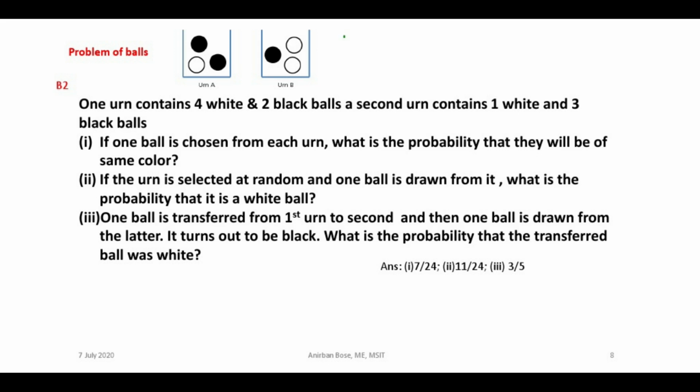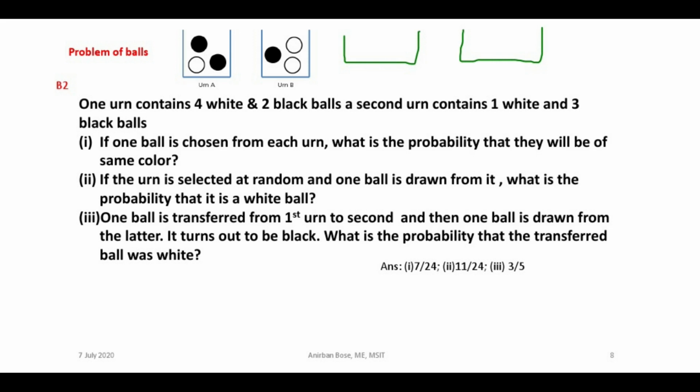Now here you see, one urn contains 4 white and 2 black balls, and a second urn contains 1 white and 3 black balls. Okay, so now the problem is that there are 2 urns. Let us consider this is one urn and this is another urn.